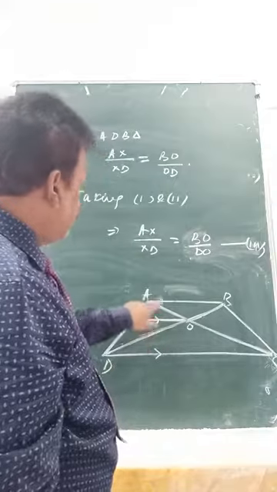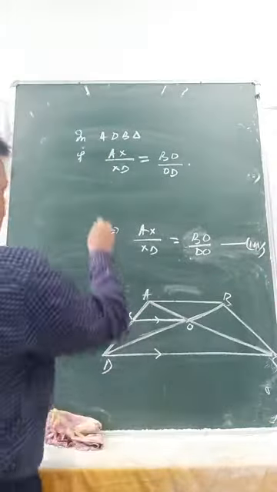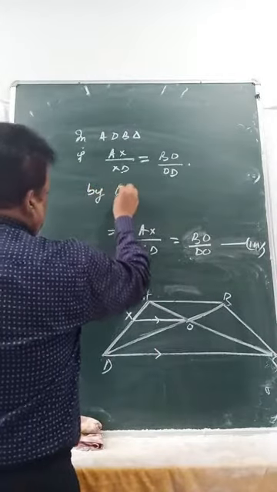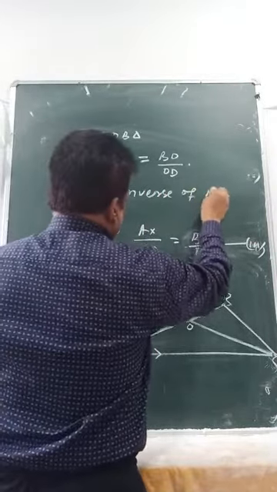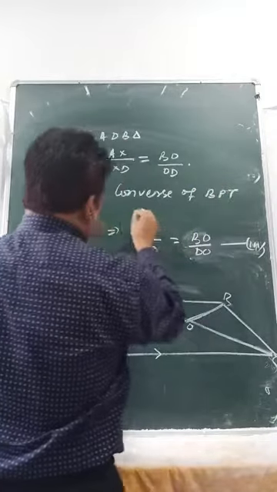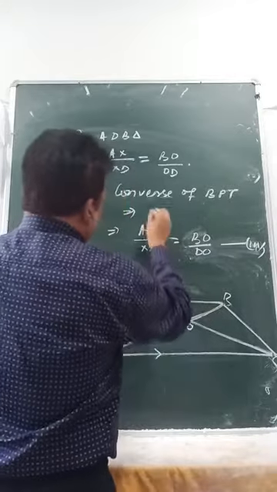These two will be parallel. By the converse of BPT, the basic proportionality theorem, you will get XO parallel to AB.